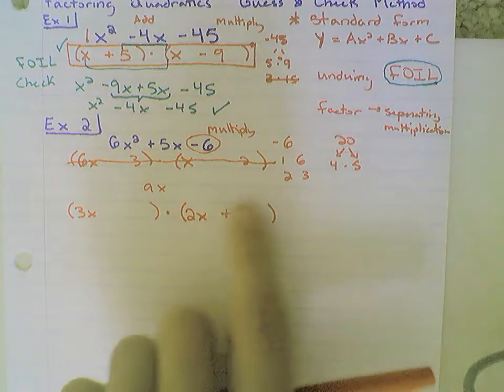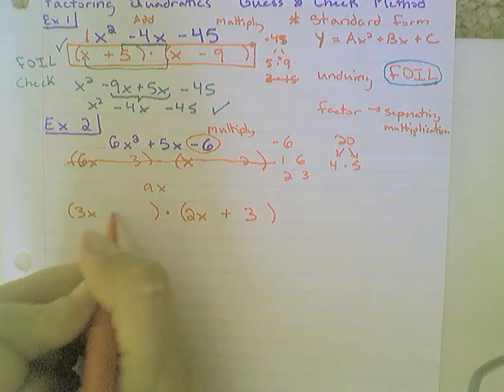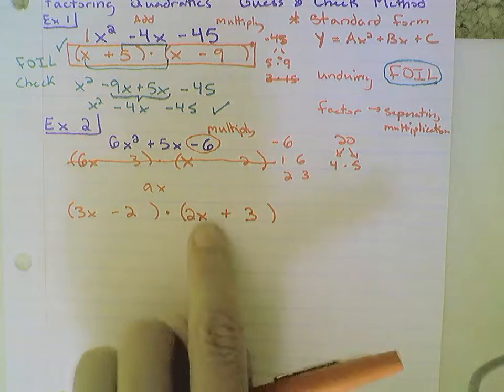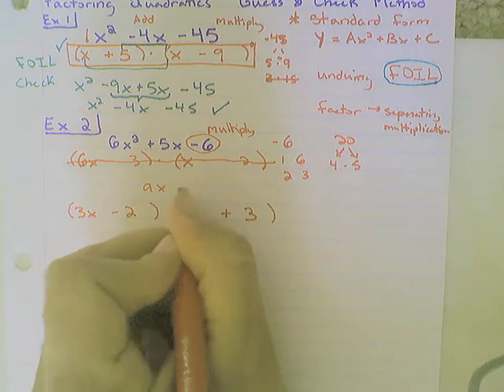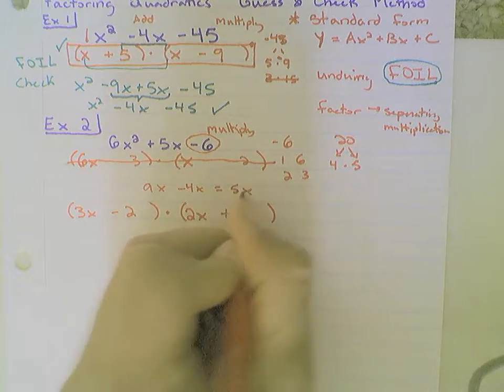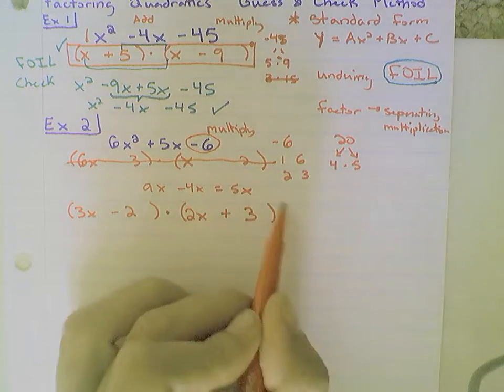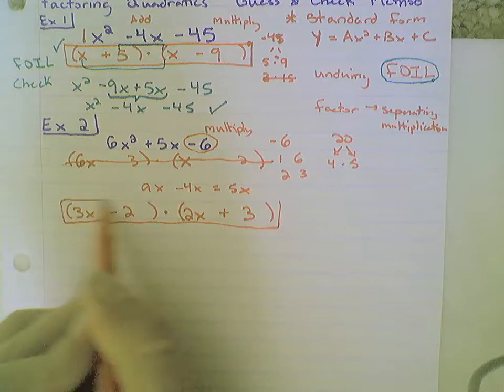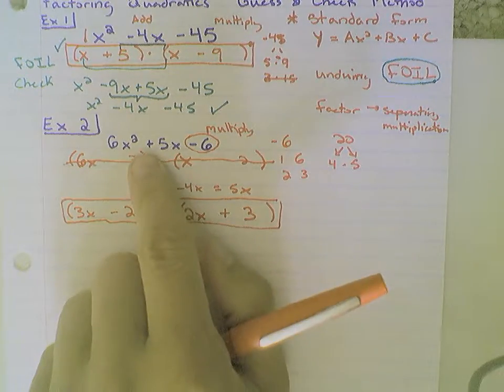And then notice if I take the 2 and I make it a negative 2, when I multiply the inner ones, I'll get a negative 4x, and that will give me the 5x. So this will be the factored form for my equation.